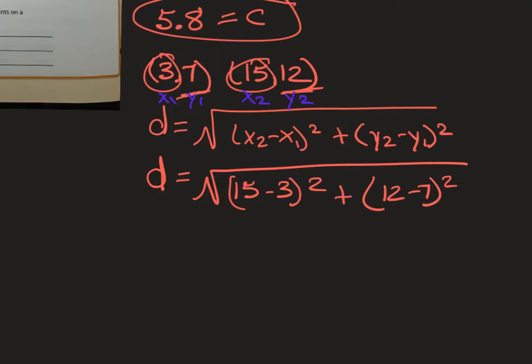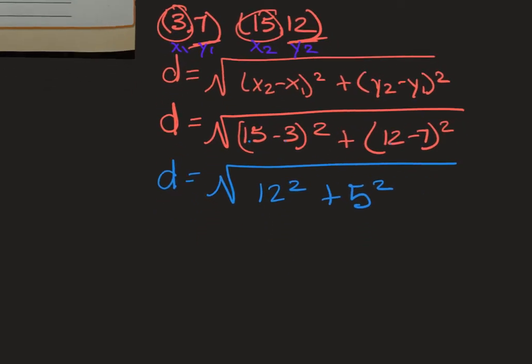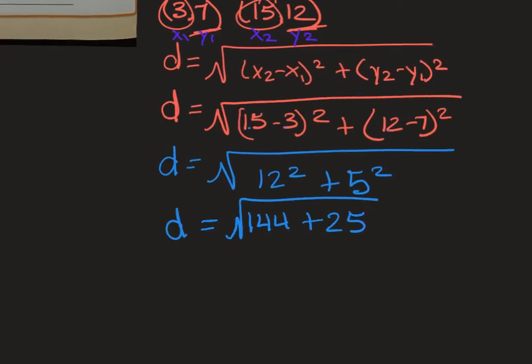So now the next step, I'm going to start simplifying this. Okay, so I'm going to do everything inside parentheses. 15 minus 3 is 12, so I have 12 squared. Plus 12 minus 7 is 5, so I have 5 squared. Okay, so this is just like the Pythagorean theorem. These are your shorter legs, right? Finding the distance between those points. So distance is going to equal 144 plus 25, and then I'm going to find the square root of that.